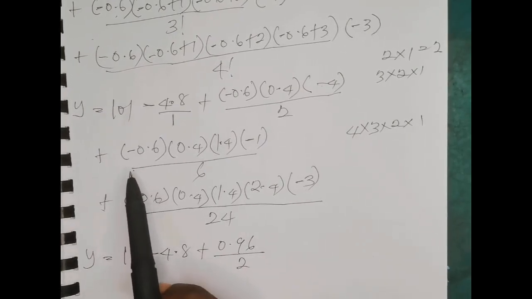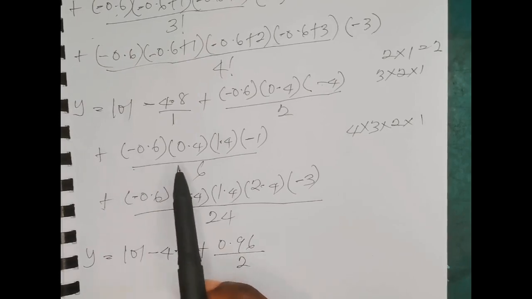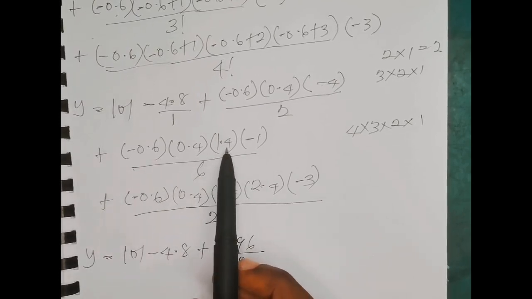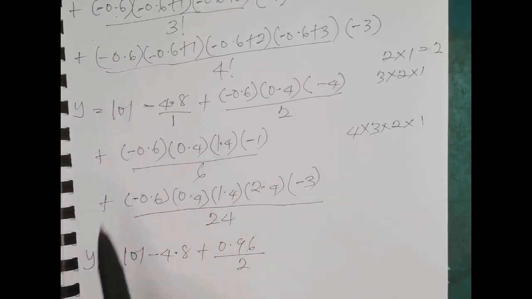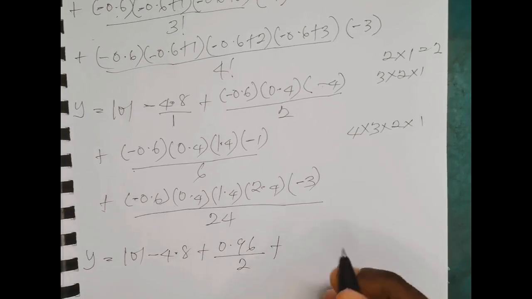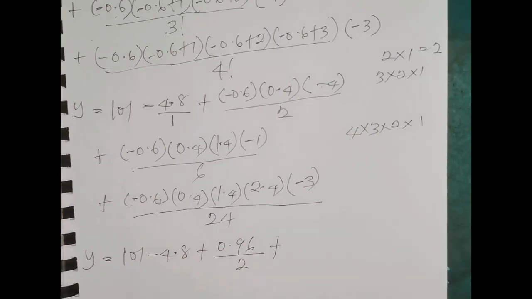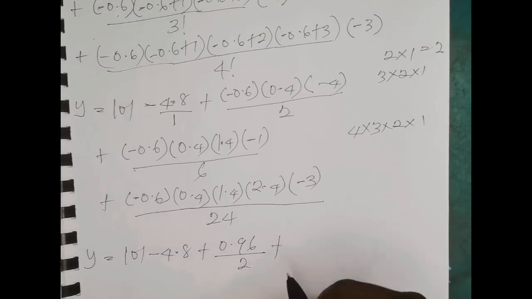Now let's evaluate here. Negative 0.6 multiplies 0.4 multiplies 1.4 multiplies negative 1. Again, negative 1 cancels out, so you're going to have a positive result over here. This simply gives us positive 0.336.